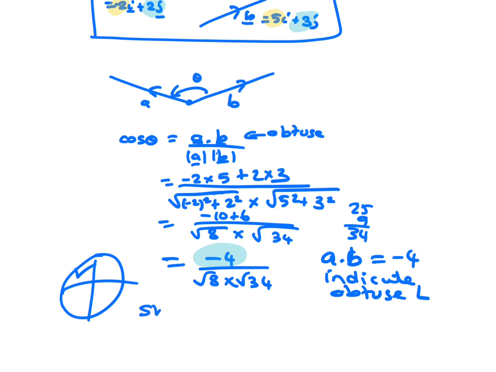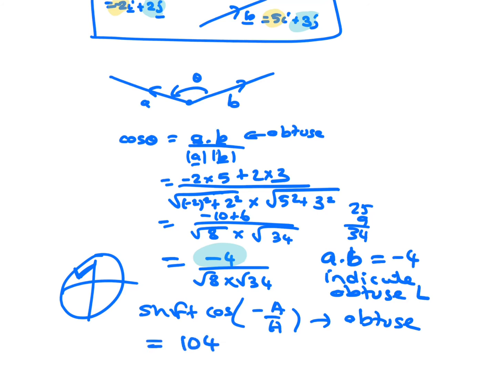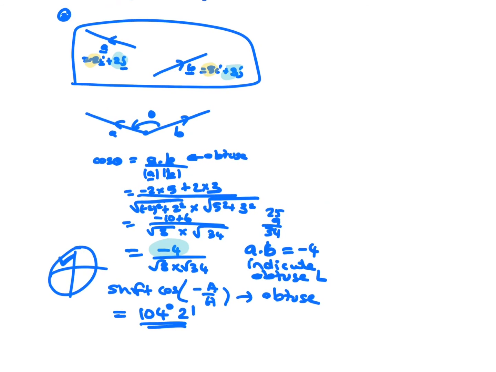When you shift cos on a negative adjacent on hypotenuse, it will spit out an obtuse angle because it takes into account that it's in the second quadrant where cos is negative. So if we shift cos on that answer, you end up with 104 degrees and 2 minutes, and that would be the obtuse angle between the two vectors.